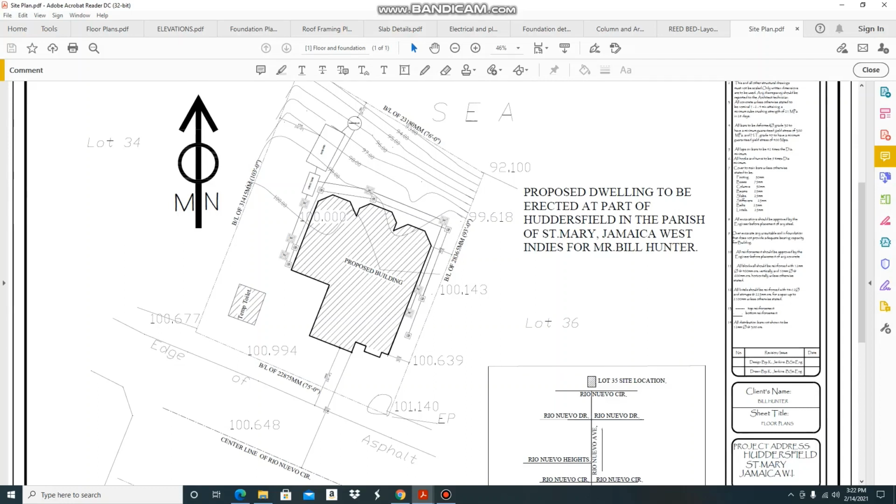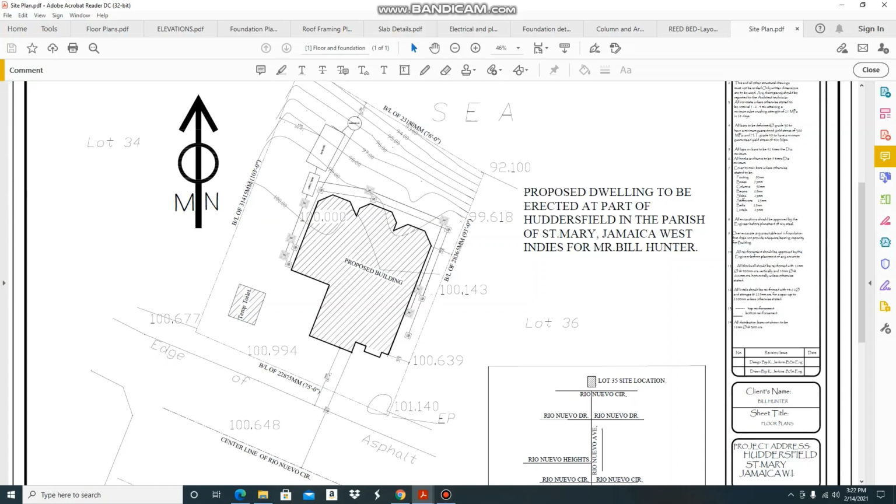And if you notice the lines on this drawing here, as it is depicted on the site plan, it is the thickest. You know, it stands out from the remainder of the drawing. So anyone who takes up this drawing can look and see that this is the proposed building.